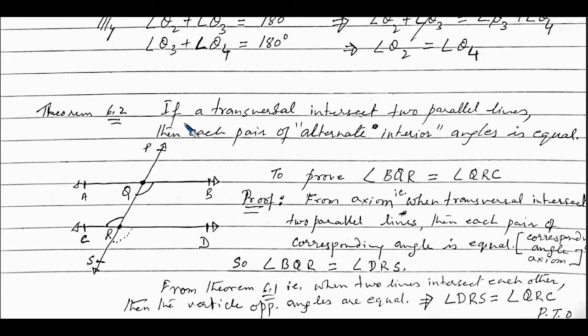If a transversal intersects two parallel lines, then each pair of alternate interior angles is equal. What are the alternate interior angles? This is one angle. Okay, and this is one angle. This was the corresponding angle. So alternate interior angle, this is one angle between this parallel line and transversal, and this is between parallel and transversal.